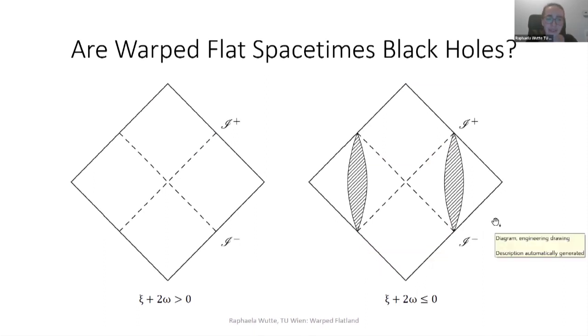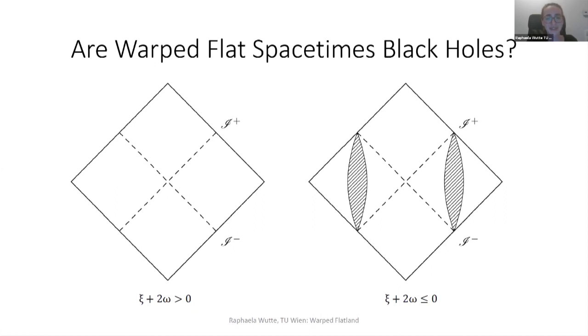So the causal diagram of these warped flat quotients looks either like the one of 2D Minkowski space, or like the one of flat space cosmologies, which is kind of curious because we have a positive cosmological constant. And here the dashed lines are the location of the Killing horizon, which was claimed to be a black hole event horizon.